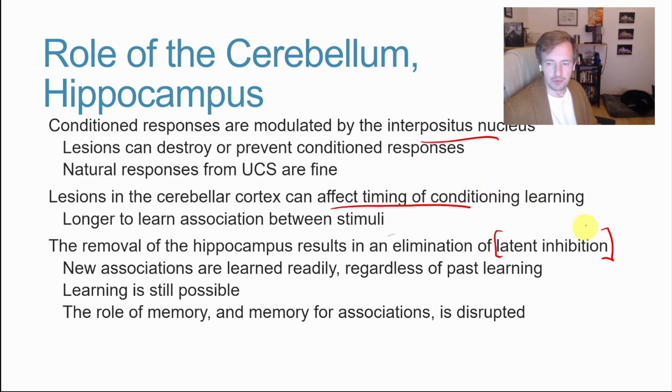So latent inhibition is this idea that sometimes learning can take place a little bit more slowly depending on what we've learned in the past, and those things in the past can influence our behavior in the present. So removing the hippocampus means that you lose the ability to make latent inhibition judgments where you're not 100% sure if this is the very first time you've tried something or the 30th time you've tried something. So learning isn't impossible.